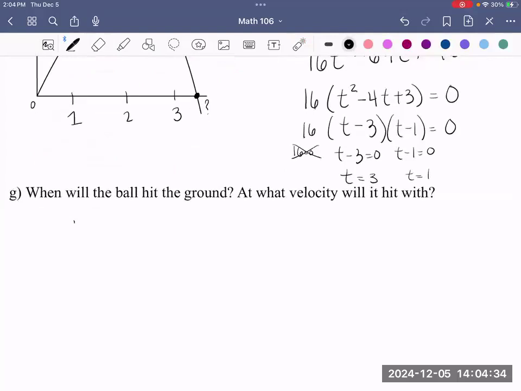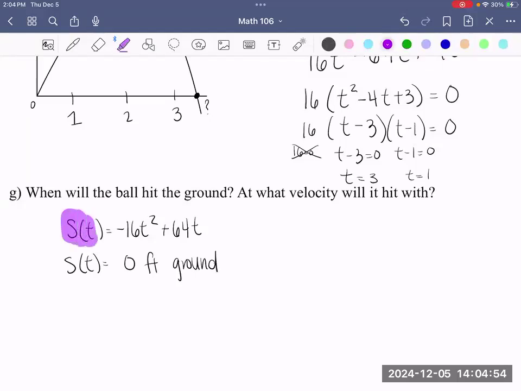We have your positional graph, because height is that position: negative 16t squared plus 64t. We know that the ground has a height of 0 feet. We can set it equal to 0. We have 0 is equal to negative 16t squared plus 64t.